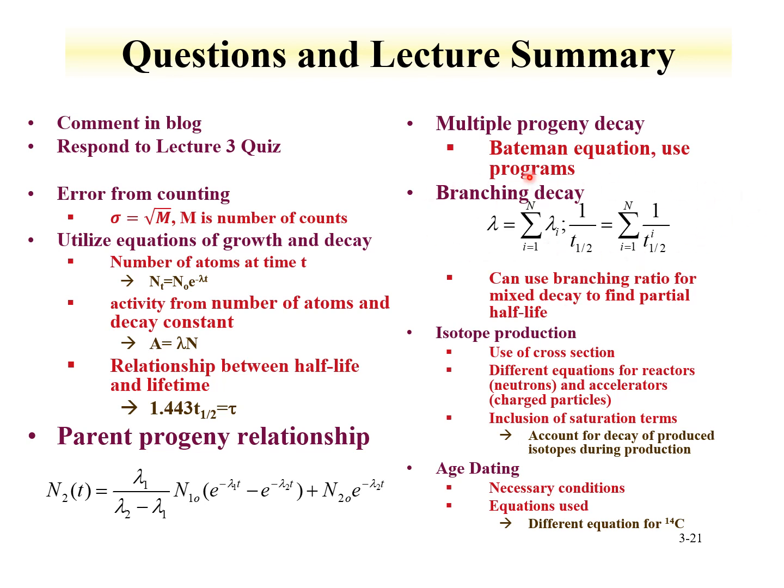You should understand branching decay, that isotopes can decay by more than one decay route. Often this is not the case, however, there are examples that were presented and that we'll discuss later in the course. You should be able to use the branching ratio for mixed decay to find the partial half-life of a given decay. So for instance, with bismuth-212, which decays by alpha and beta, the data shows a half-life for bismuth-212.